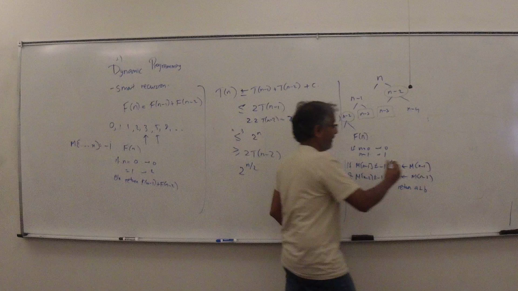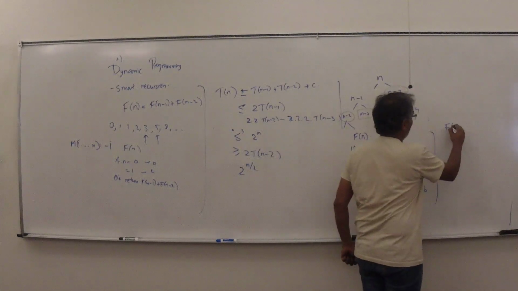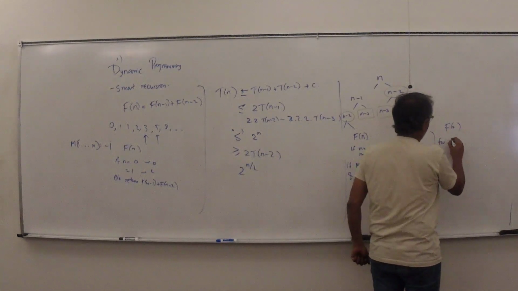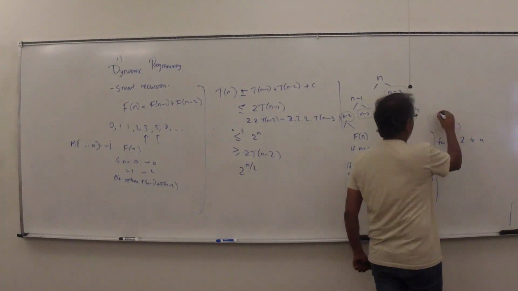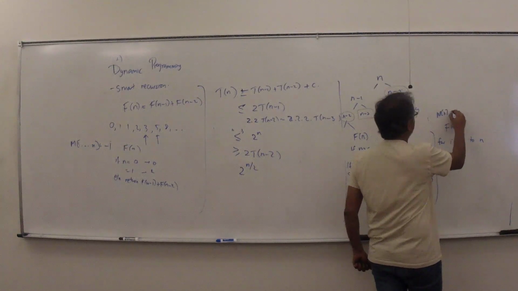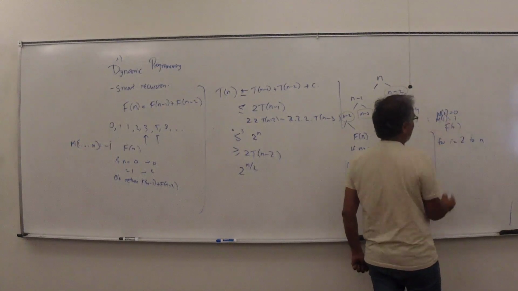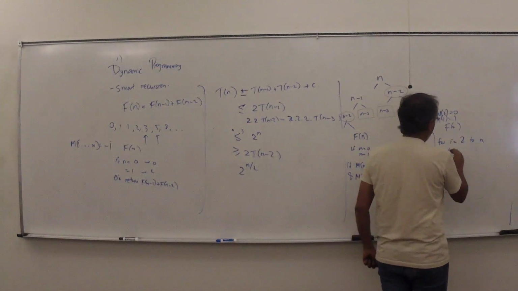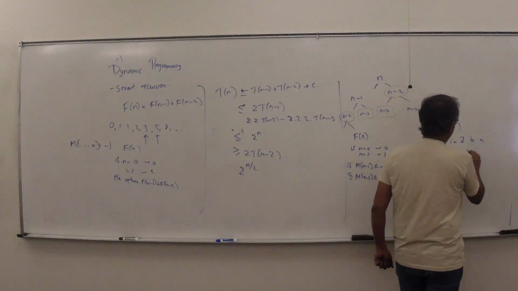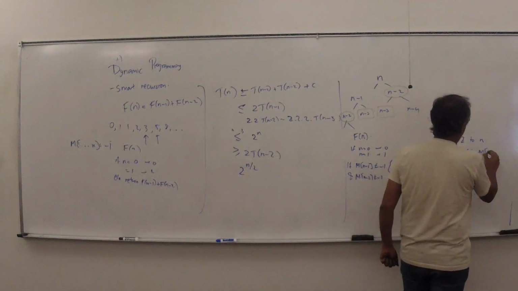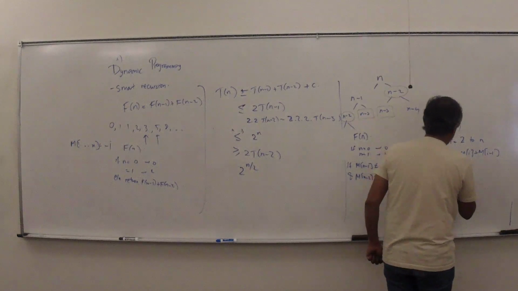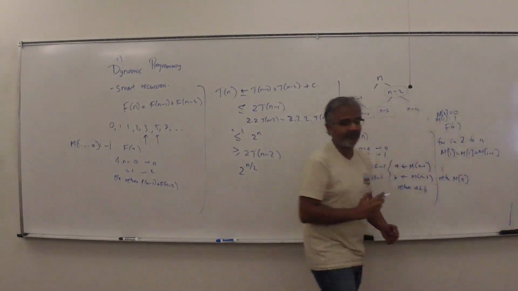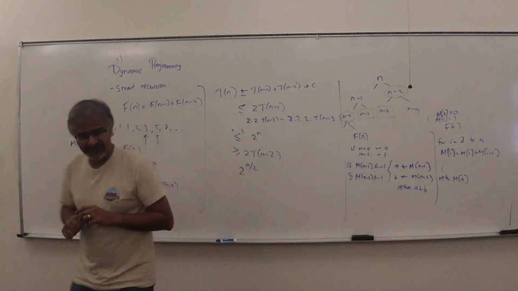So f of n basically looks like this: initialize m0 equal to 0, m1 equal to 1. For i equal to 2 to n, m i is equal to m i minus 1 plus m i minus 2. You're done, and return m n. That's it. No more recursion.